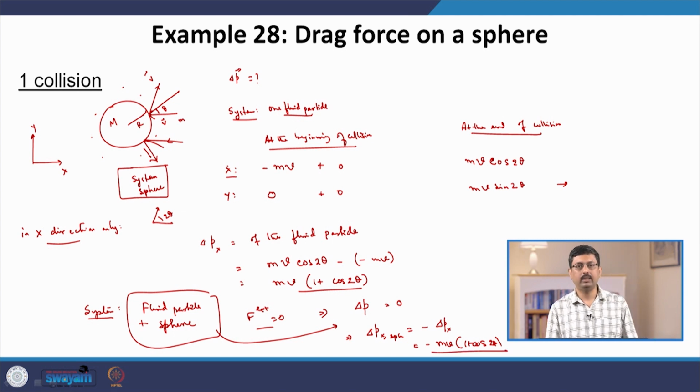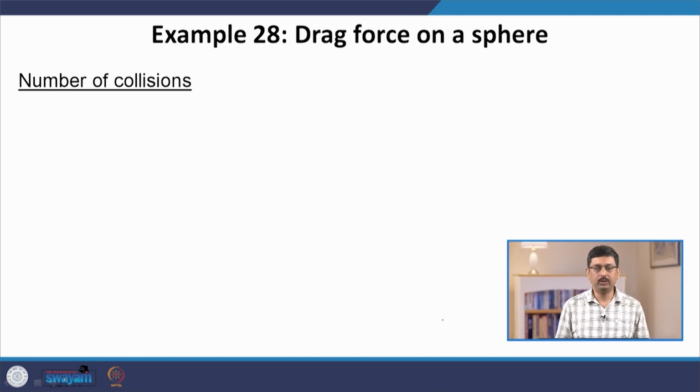This is the transfer of momentum to the sphere by the fluid particle as a result of the collision, and this is what the sphere will experience as a force, because this is the impulse, and if you divide by the time interval you get the average force. But before we estimate the average force, we need to estimate how many collisions are taking place.